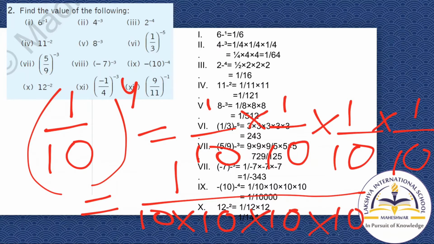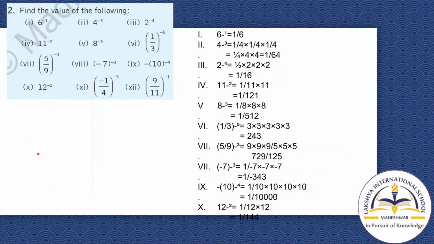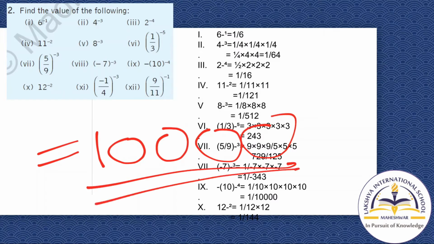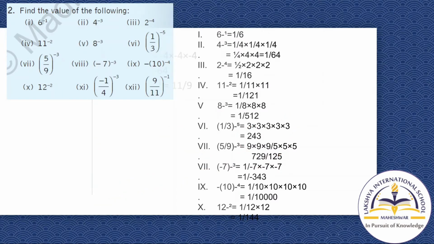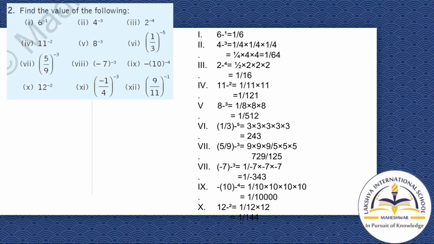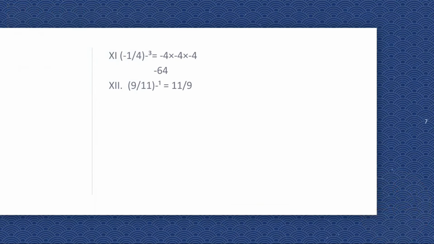So what will be the answer? 1 and 4 zeros. Okay, so like this. All the answers are given here, so you have to solve these questions with the given answers.